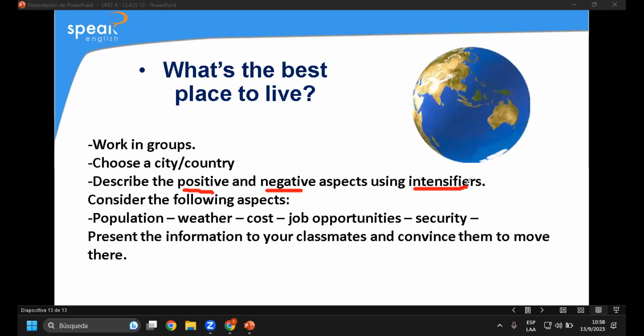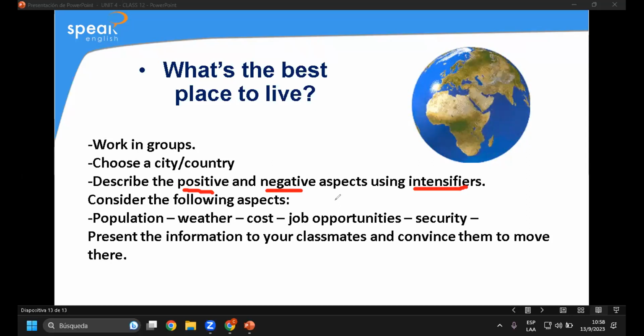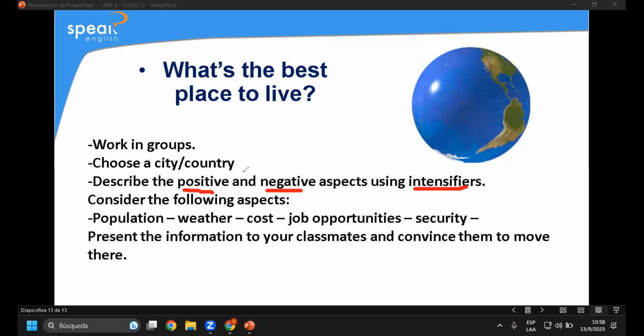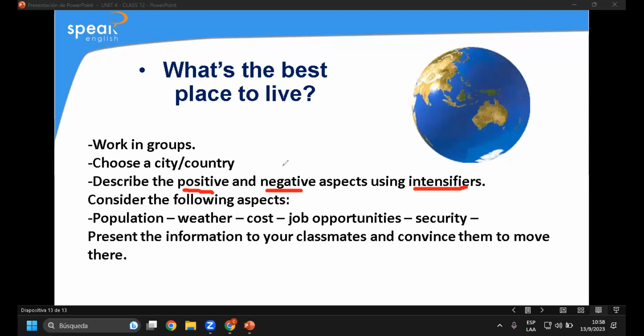Because it's fairly safe. Tokyo is not too dangerous. So you have to explain why you consider that it's a good place to live, describing positive and negative aspects using intensifiers, okay?